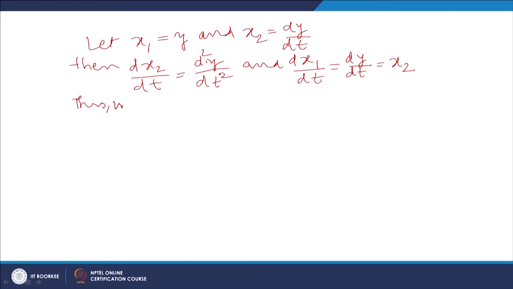Thus we get dx1/dt equal to x2. This is one equation. Second equation, dx2/dt is equal to d²y/dt², and we have the second order equation d²y/dt² + 4y = 0.